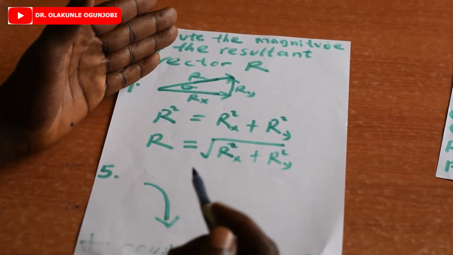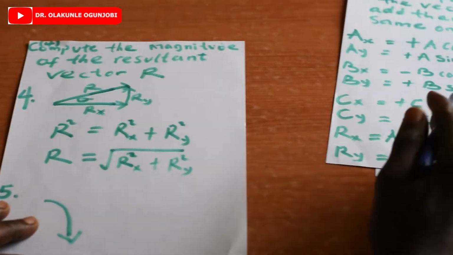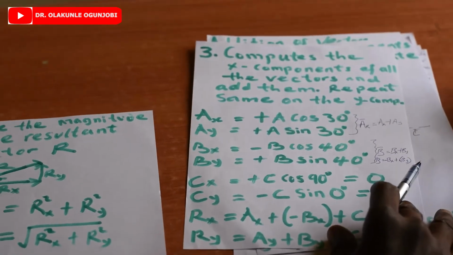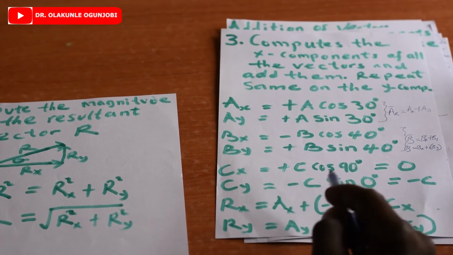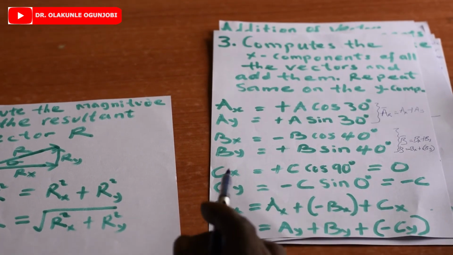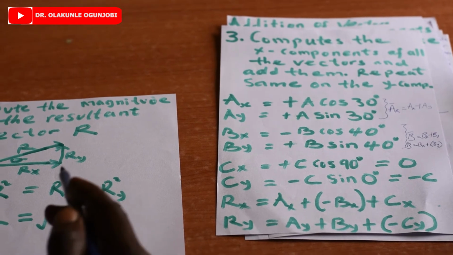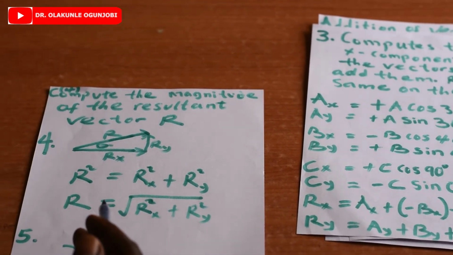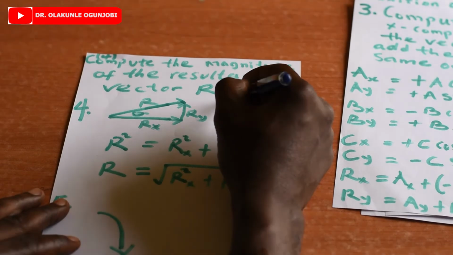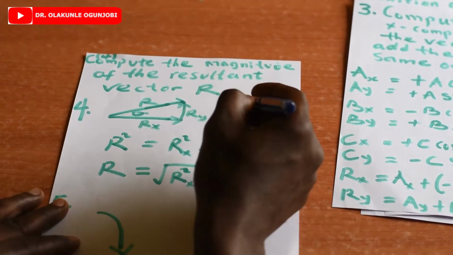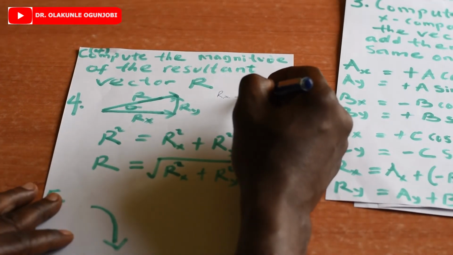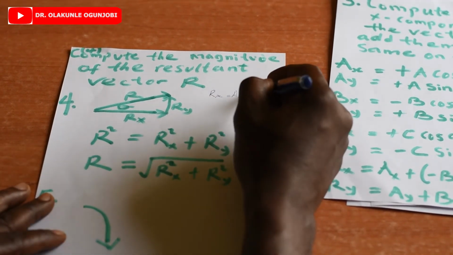Okay, you have selected all these x terms, and you have selected for the y. So now you have the resultant of the x and y. Recall that your Rx is Ax plus what?